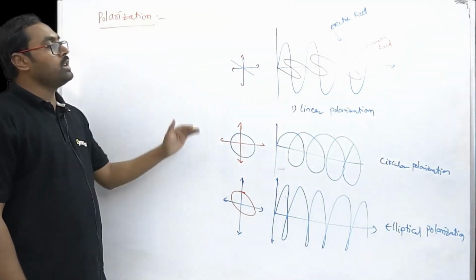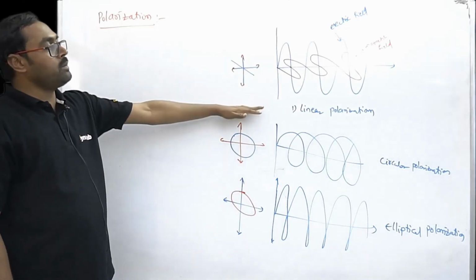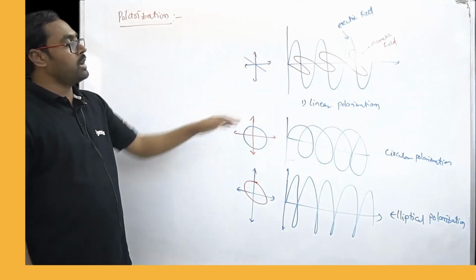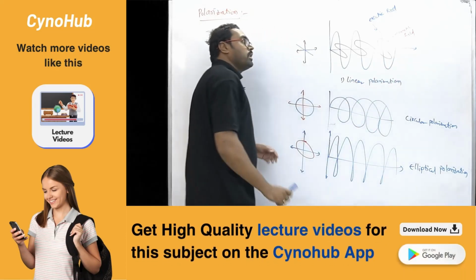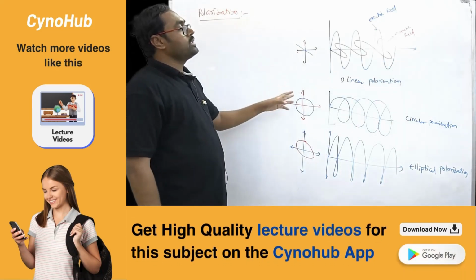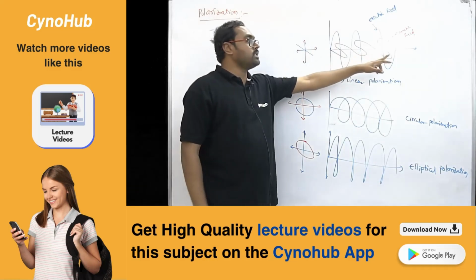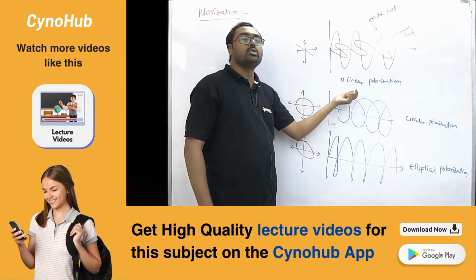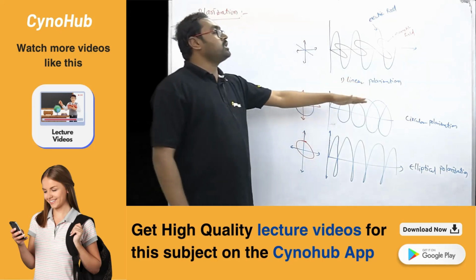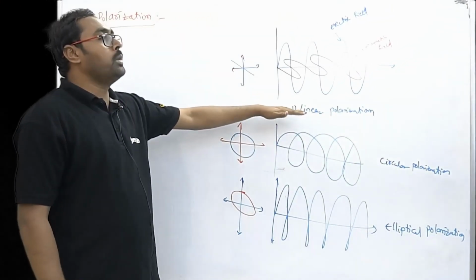In linear polarization, the wave transmitted along the axis, in that direction, is linear. That polarization we call linear polarization.